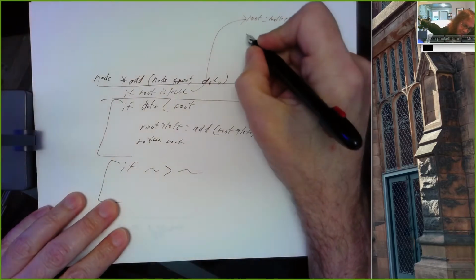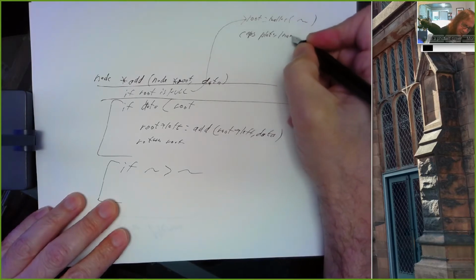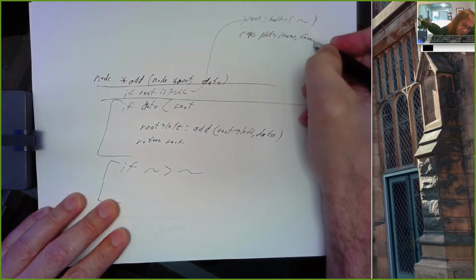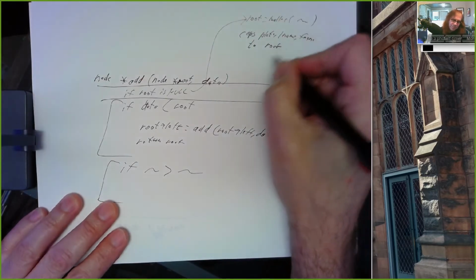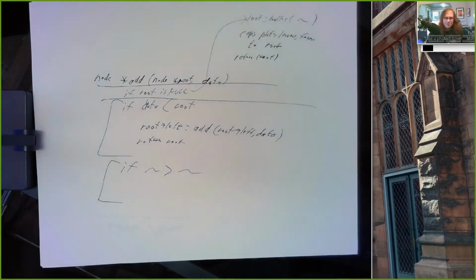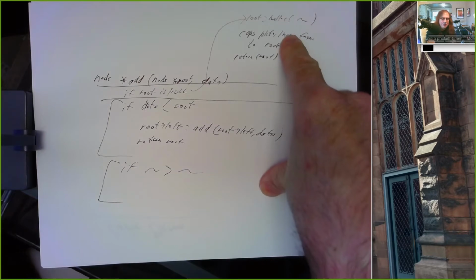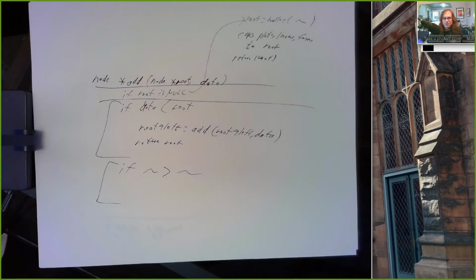And then copy the plate, the last name, and the first name to this new root, and then return that new root as the value of the add function. So this is the only spot where a node actually gets created, which is when you try to add to a tree that's empty. And to create the node, do a malloc to make space for the root itself.